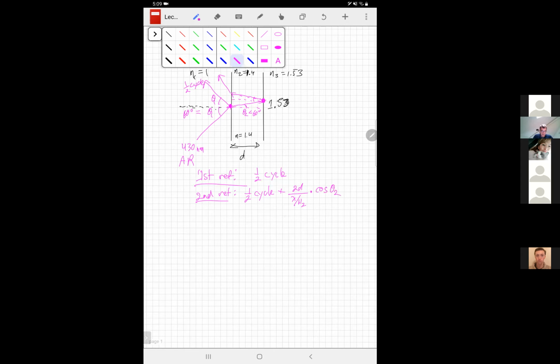And the way to think about this is that I could rewrite this as 1/2 plus 2n2 cosine theta 2 over lambda times d. And so we could think of this, or I'll write it actually as this.